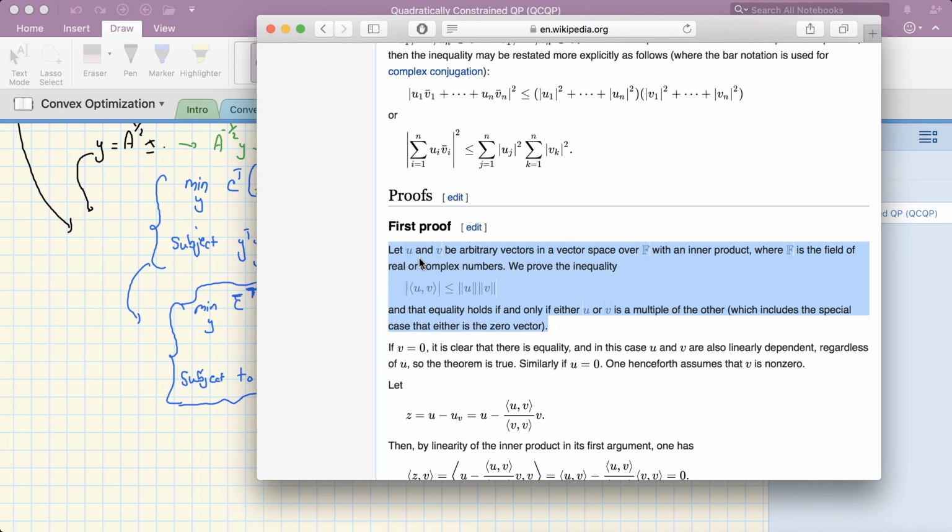If we've got u and v, which are arbitrary vectors in a vector space over a field F, we've got this inequality, which is the Cauchy-Schwarz inequality. It tells us that an inner product between two vectors is bounded by the product of their norms, and equality holds only if u is a multiple of v.